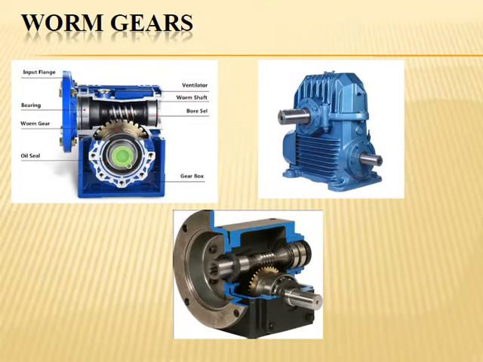In a worm gearbox, the level of lubricating oil is such that the worm is dipped into the oil and oil is pumped up to the thread height.